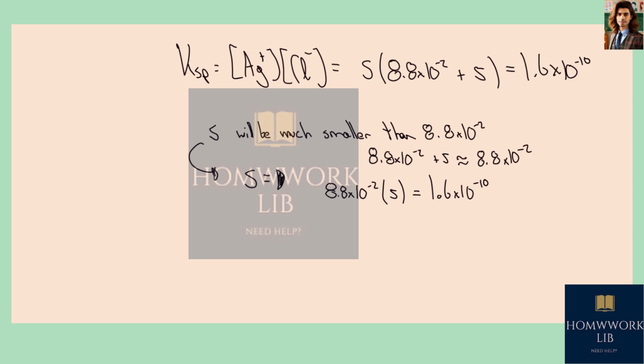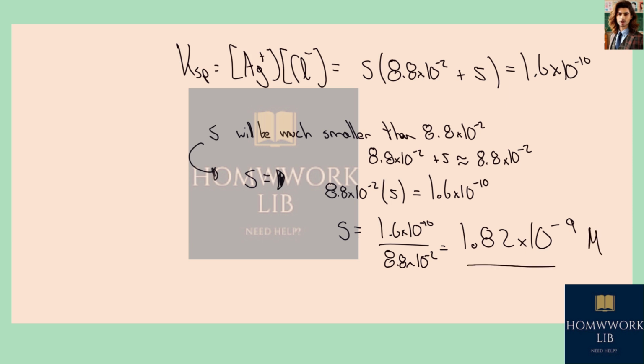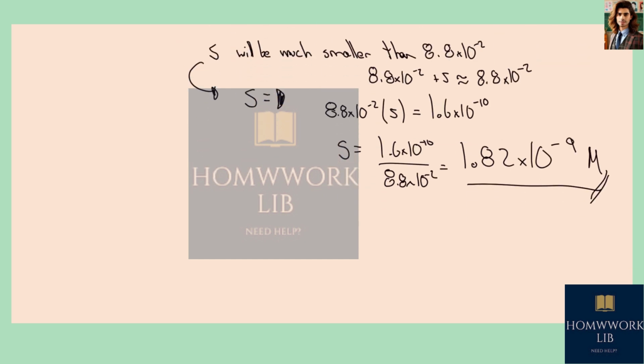Thus, the value for solubility would correspond to 1.6 times 10 to the minus 10 over 8.8 times 10 to the minus 2, which would give us 1.82 times 10 to the minus 9. And this would be a molar concentration. With this, you can already verify that the result is among the answers provided to you and would be option C. Now let's see what happens if we don't make any approximation.